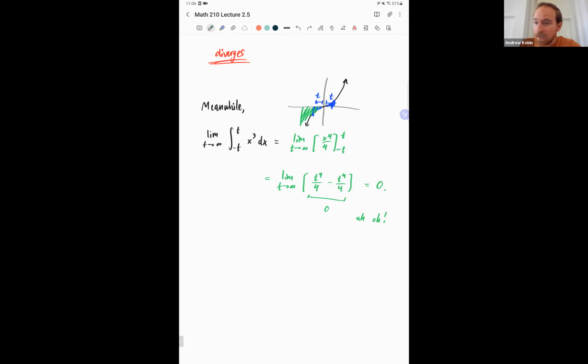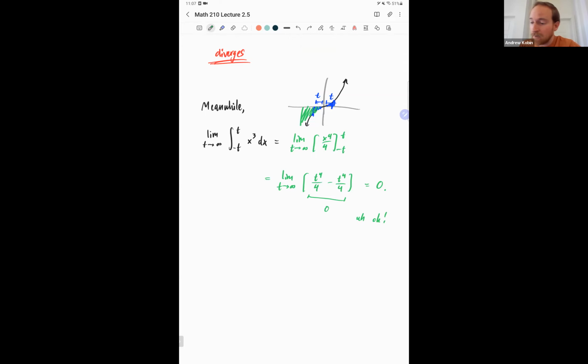So in some sense, if we compute things that way using a single t value and sliding it at different rates to the left and to the right, then we should be able to get any possible value between negative infinity and positive infinity, including 0 like we got in this case. That's not a good thing. We shouldn't be able to take a limit and have it take on multiple different values.